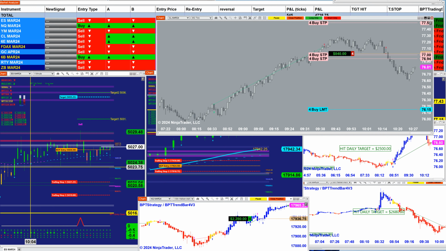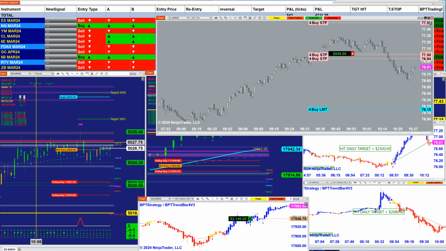The support area is 5,023.75 and the resistance is 5,027. Welcome to trading. Nothing we can do. One or two contracts are not going to move the market for you. So until we see some breaking out somewhere, the ES is not tradable at this moment.